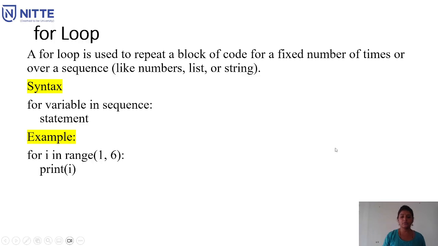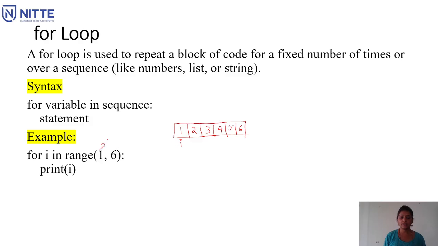What is happening over here? If we try to understand, a range has been mentioned, and the first variable is mentioned as i. Now, the numbers are starting from 1, 2, 3, 4, 5, and 6.